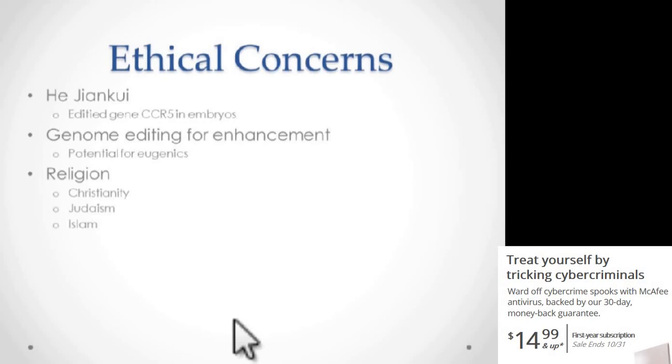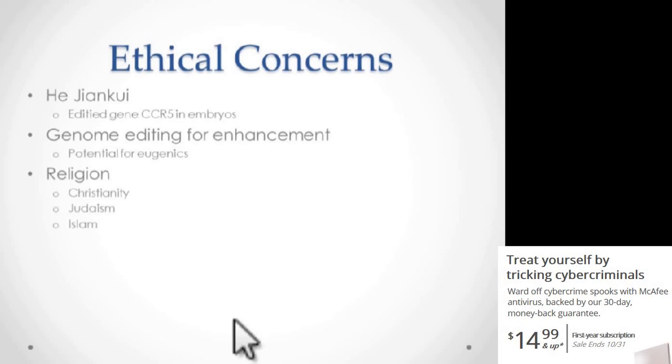In the consent forms he wrote, and I quote, it would give the ability of the embryo to be resistant to AIDS. One of the requirements that he had was that the father had to be infected and the mother didn't have to be infected for the participants to be able to participate in this experiment.